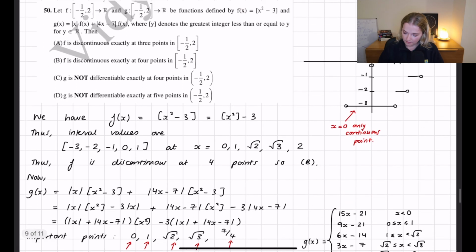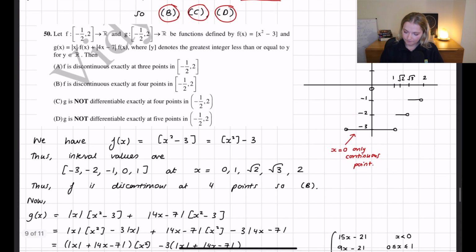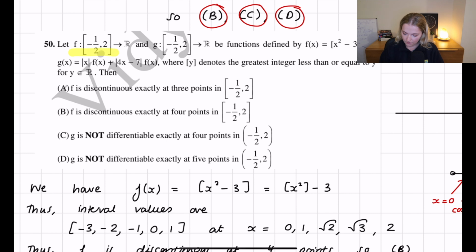Now the last question in this section, so we have these two functions, f and g. The functions are defined such that f of x is given by this here and g is given by this here. Now y denotes the greatest integer less than or equal to y for y belonging to the reals.